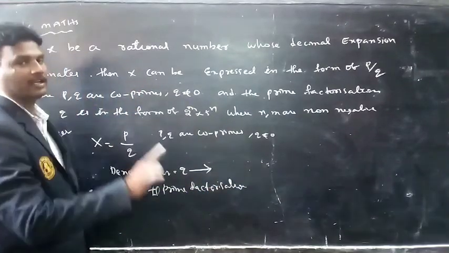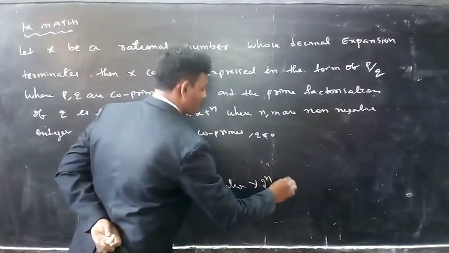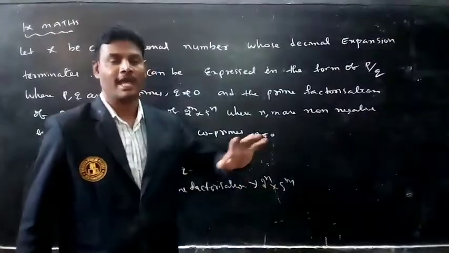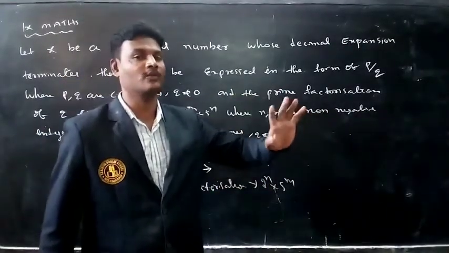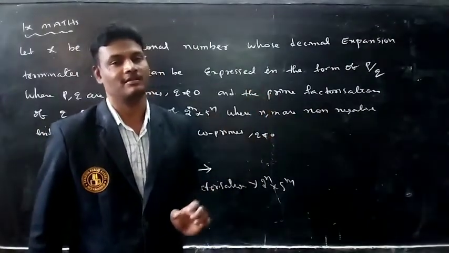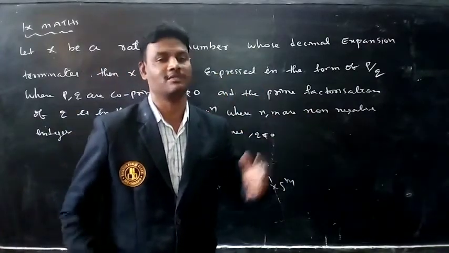If the prime factorization of q is in the form of 2 power n and 5 power m, if we can express q as the product of 2 power n into 5 power m, that is a terminating decimal. Otherwise, it is non-terminating but recurring decimal.